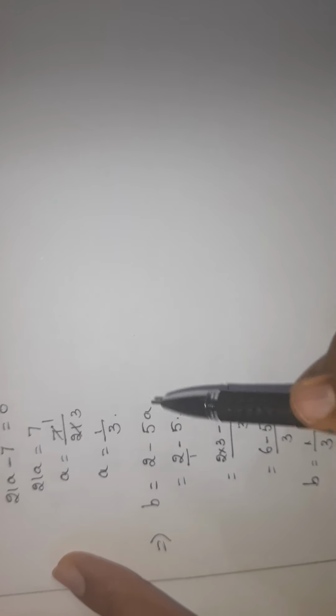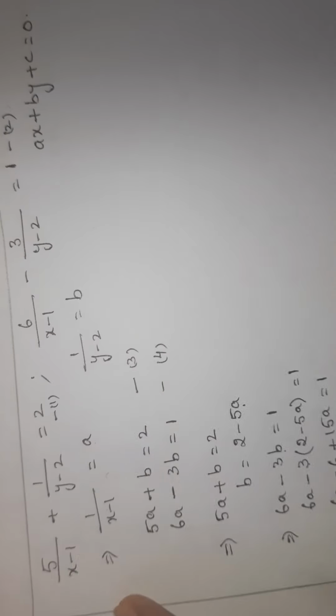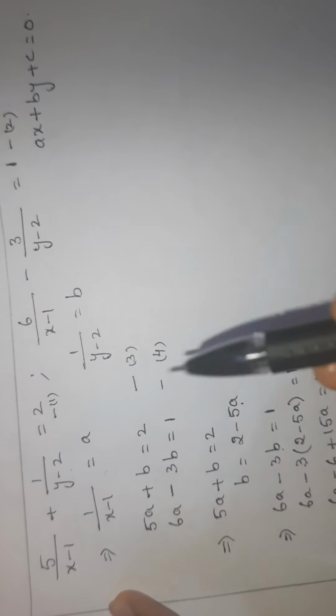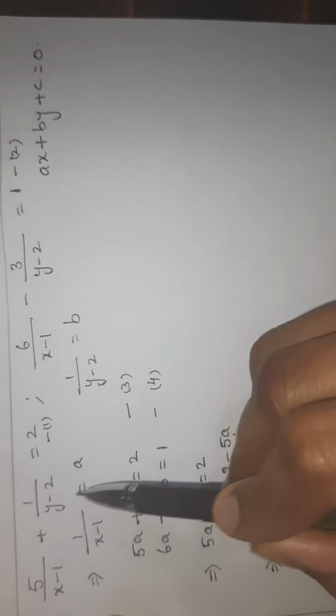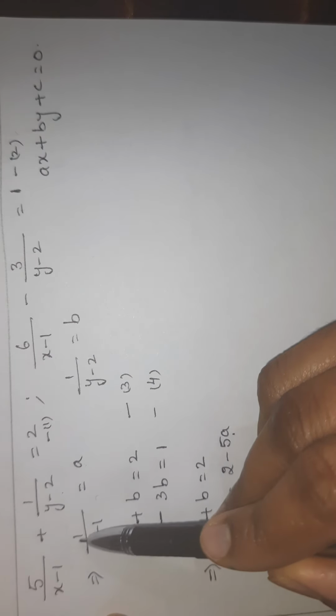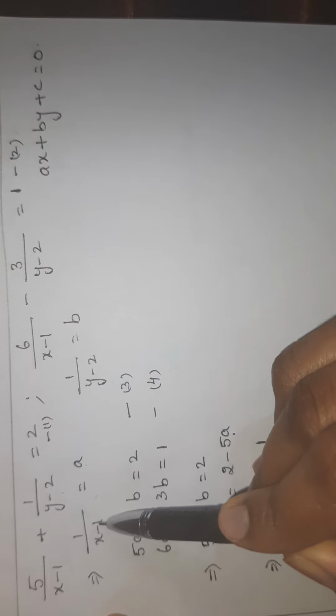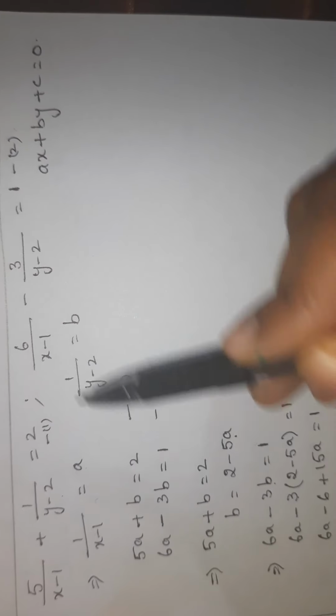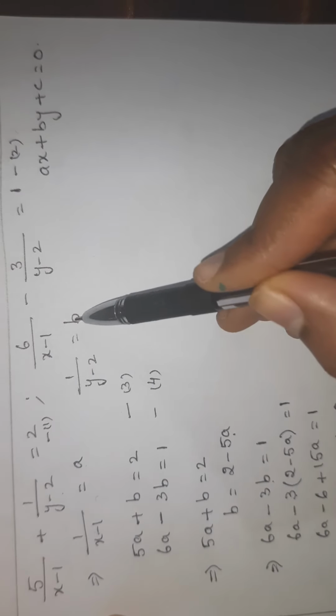But we have to find the solutions for x and y. At the starting of the problem we reduced them into linear equations. So here we assumed that 1 by x minus 1 is equal to a and 1 by y minus 2 is equal to b.